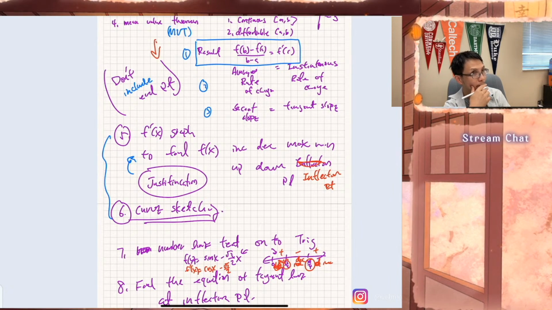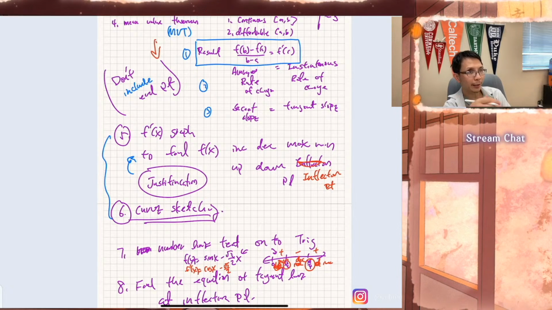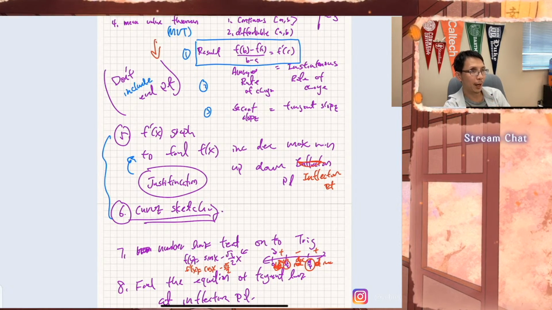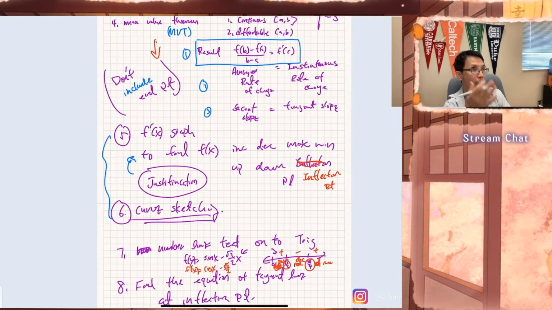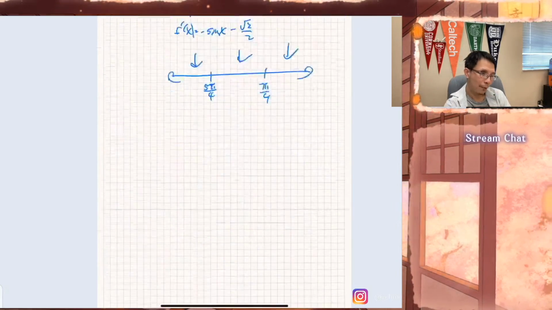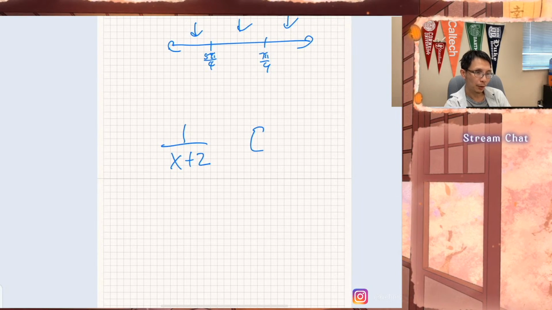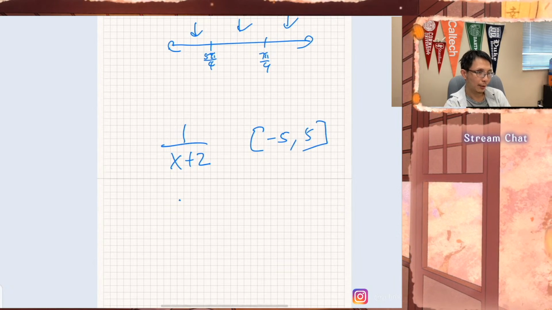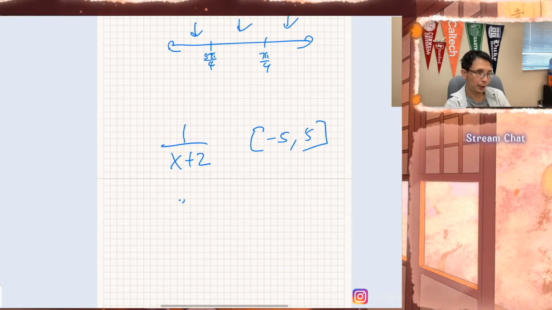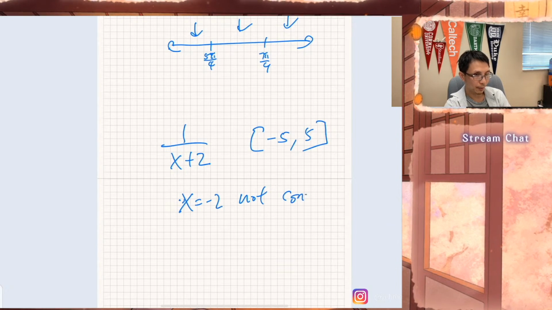A lot of points are going to be tested on Rolle's theorem and the mean value theorem, so we're going to have to write it down. No, it won't ask you to write down. It will ask you to verify, whether they apply or not. So for example, if I have a function like 1 over x plus 2, between let's say negative 5 to 5, then you're going to say the mean value theorem does not work because x equal to negative 2 is not continuous.